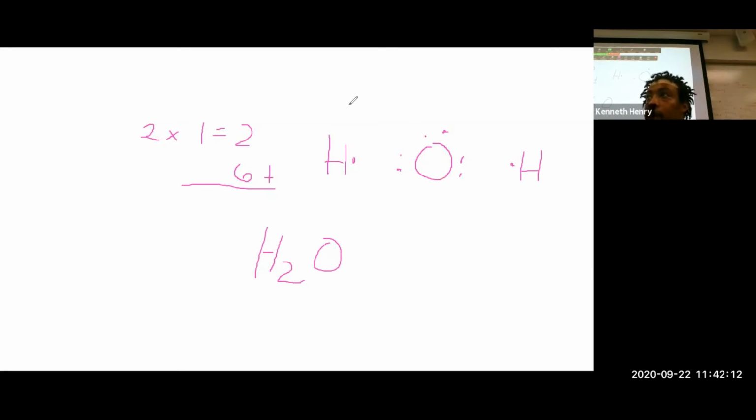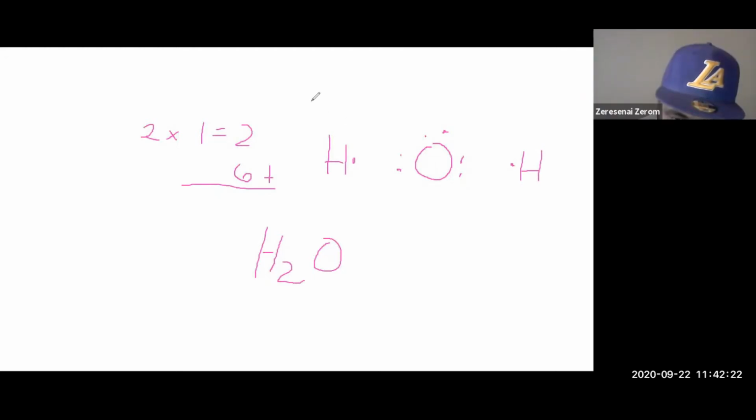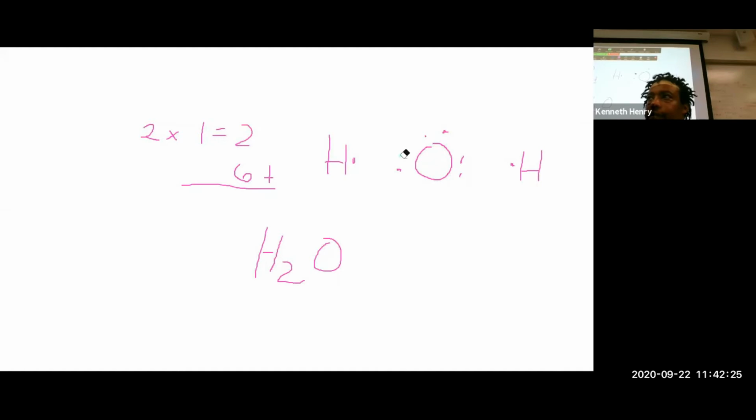So how many electrons are hydrogen and oxygen going to share then? 1. So each one is going to give up 1 electron to share. Okay, so we're going to draw a bond between hydrogen and oxygen. And over here with this hydrogen, the same thing is going to happen.